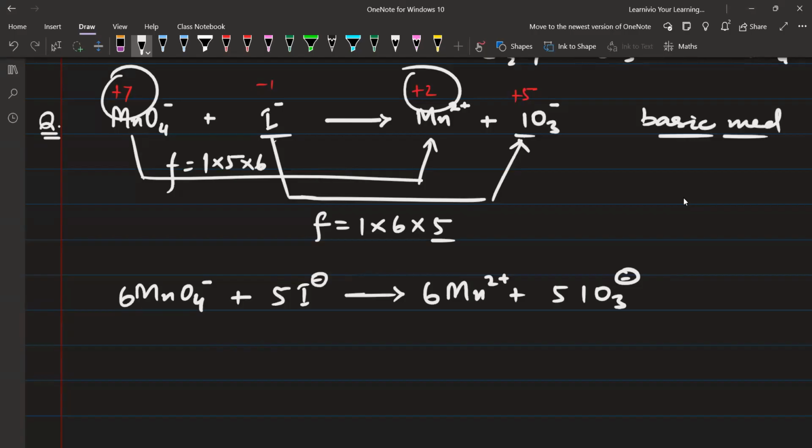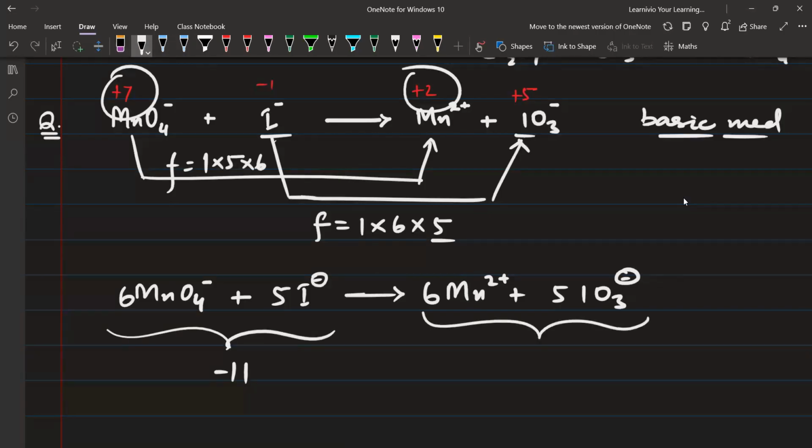What are the charges here? What is the overall charge? It is not -2. It is -6, -5, so -11 overall charge.